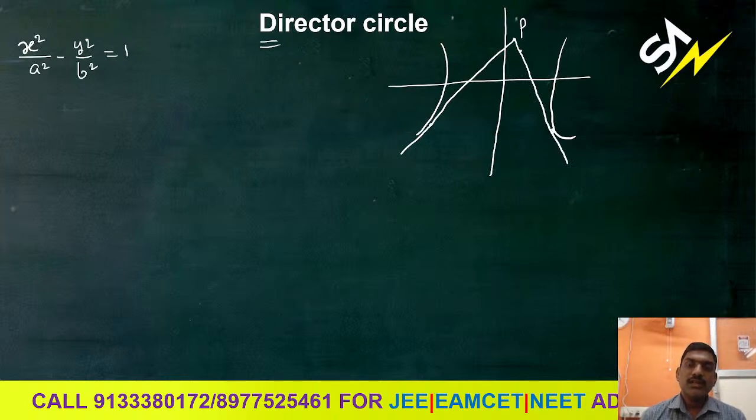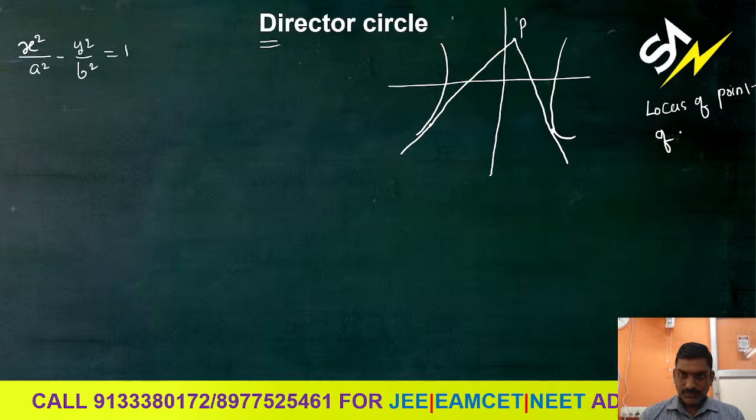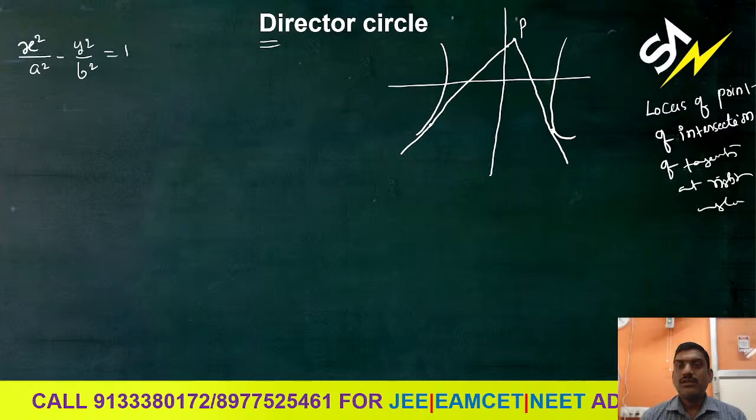What do we mean by director circle? Director circle is the locus of the point of intersection of tangents at right angles. So here it could be 90 degrees. Then the locus of this point, let it be h comma k, the locus of the point P of h comma k is called director circle.